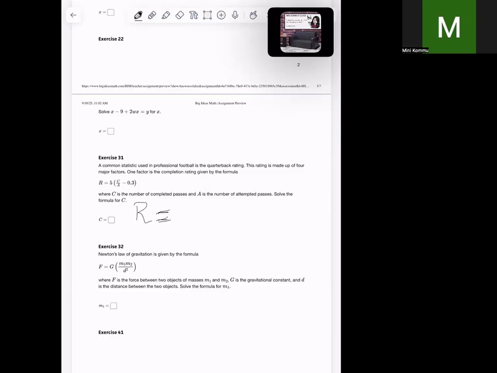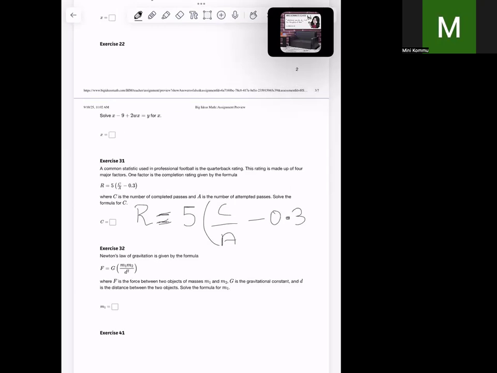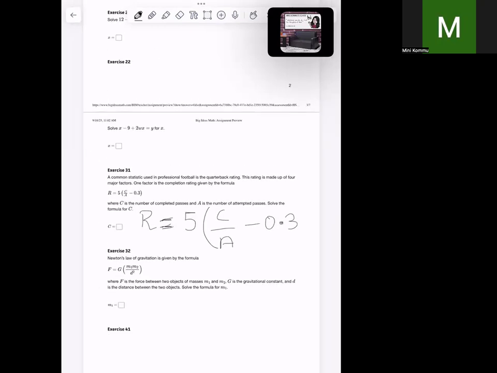So R is the rating, and the formula that you have is R is equal to 5 times (C over A minus 0.3). I was busy reading the next line. So what is A? A is the number of attempted passes and C is the completed passes.